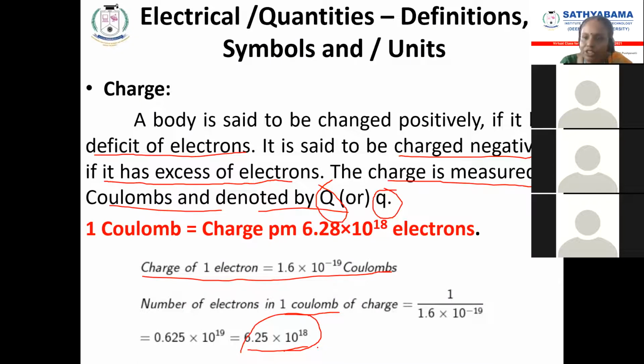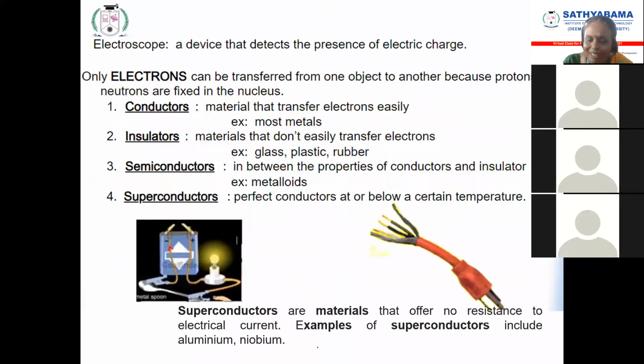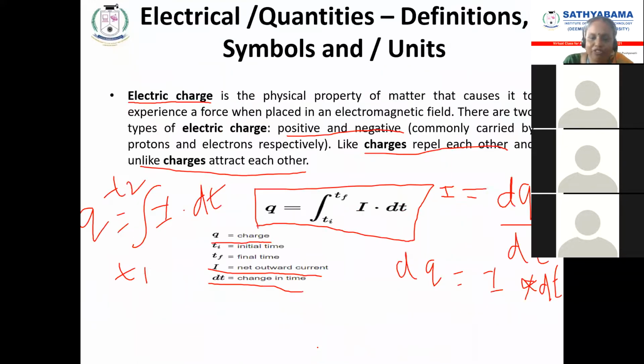So that is for charge. The important expression for charge is q equal to integral of t1 to t2 of i dt. Q means charge, i means current, dt is the rate of change of time, ti is initial time, tf is final time.